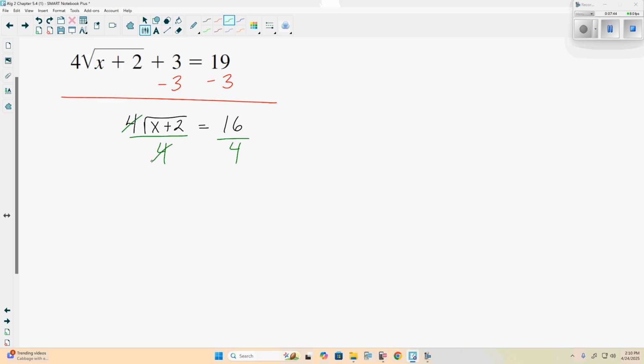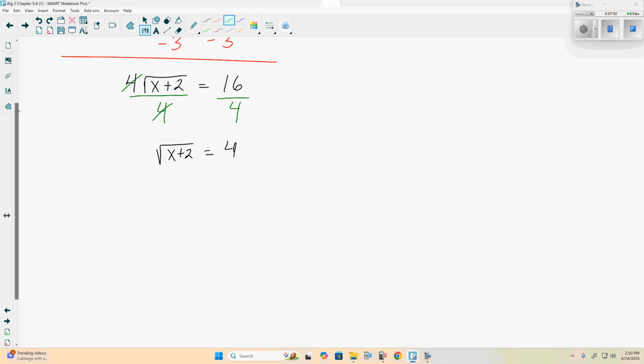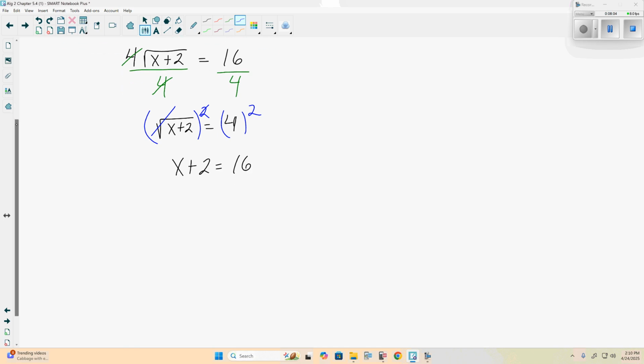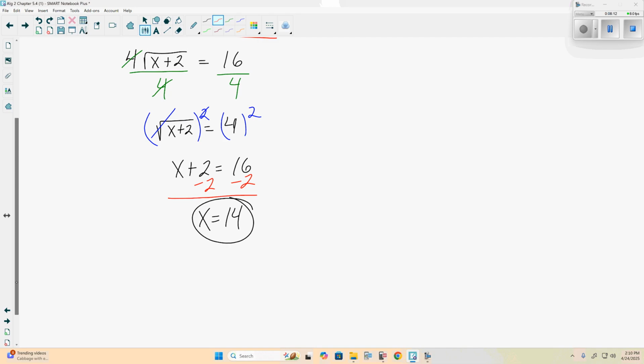Four divided by 4 would give us 1 times our square root of x plus 2, or just the square root of x plus 2, is equal to 4. Then we would square both sides. We'd put both sides to that nth power, because our square root and square would cancel, telling us x plus 2 is equal to 16. First one where we actually had to solve for x, so we had to subtract 2, telling us x is 14.